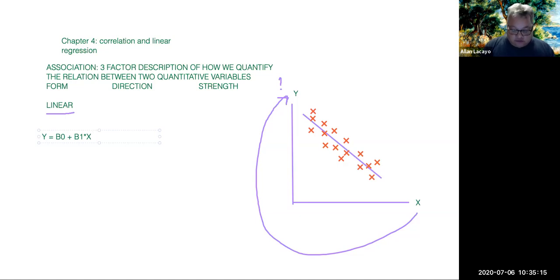In a statistical world, we also have to add the fact that the reality is not exact, that values of y and values of x are not 100% fully explained by this intercept and this slope. And so we need to have a third term. And that term is what we call a residual or error term.